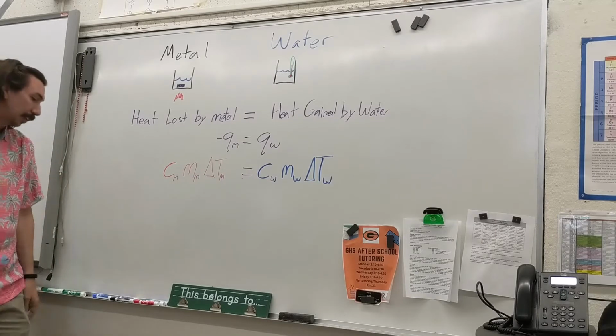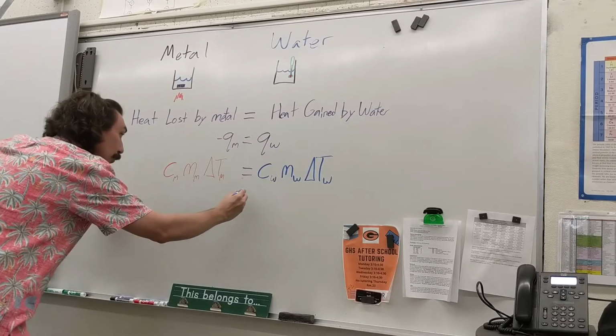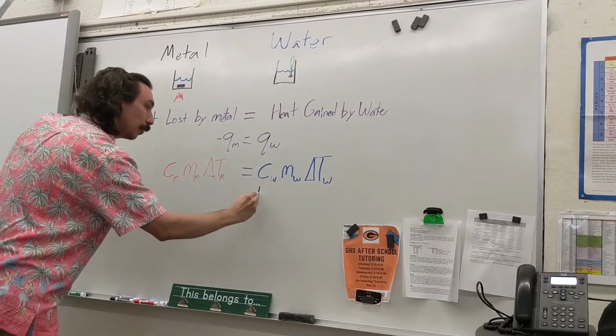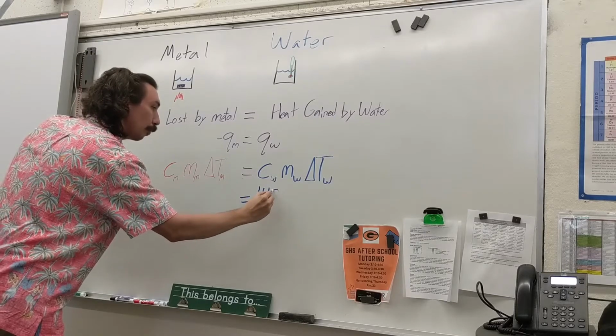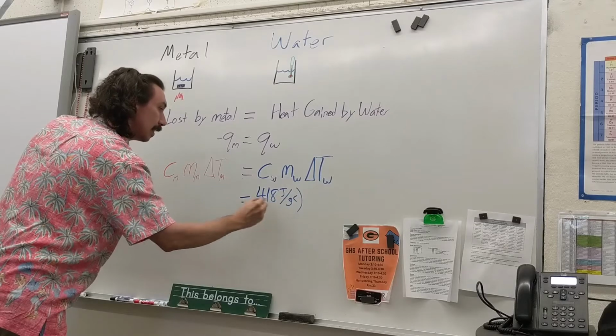So we can start filling things in. I've already measured a couple of these things, and we already know some of these things as well. Let's plug in the specific heat of water, which we're just going to use as 4.18 joules per gram Celsius.